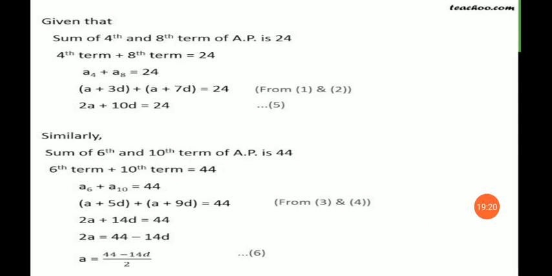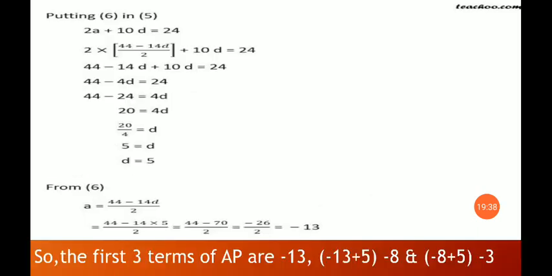Directly we will come here. 2a plus 10d is equal to 24 and 2a plus 14d is equal to 44. Now instead of solving like this, we will simply subtract these two equations. 2a and 2a will get cancelled. 10d minus 14d is minus 4d, and then we will solve and substitute and we will get the value. You try that method and you will understand it very easily.